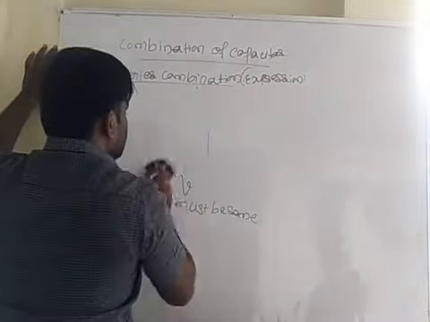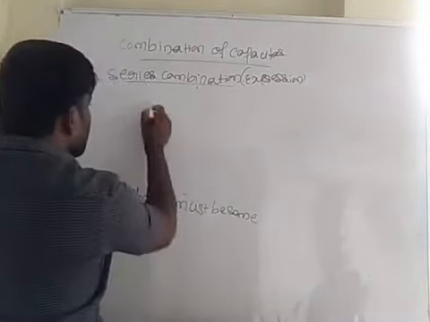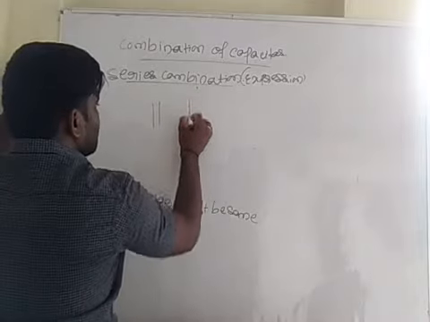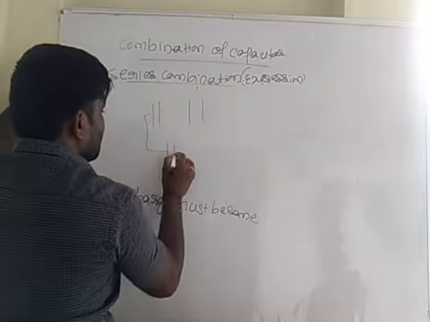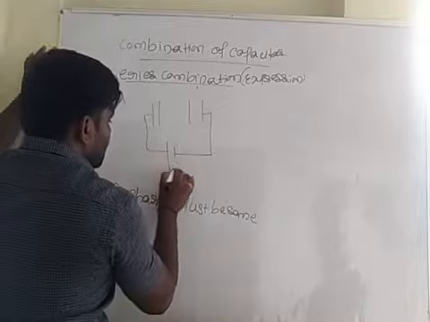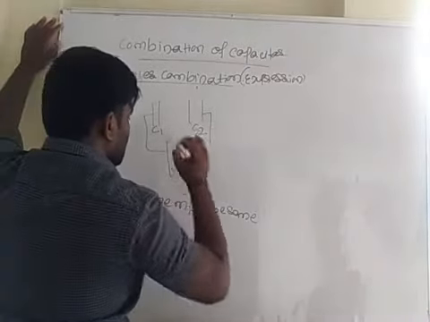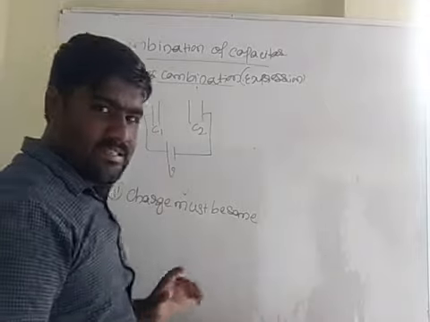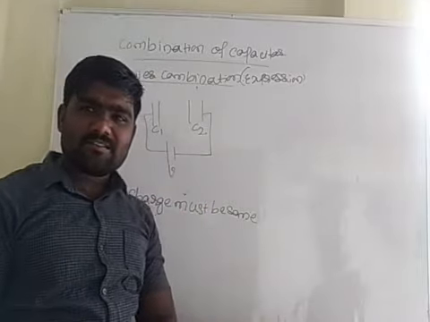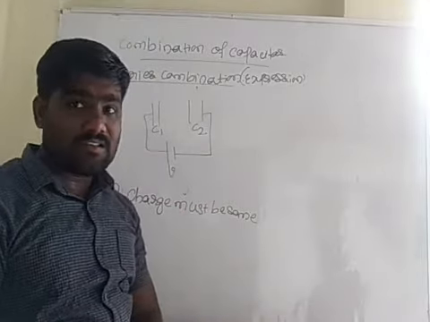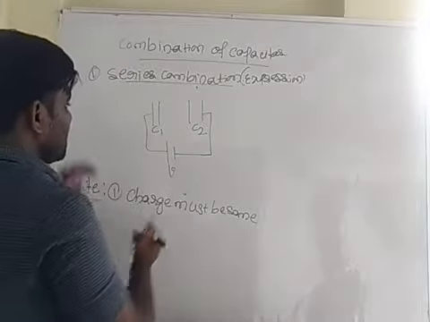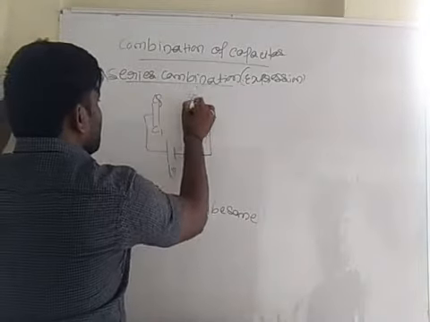Charge must be the same means, I am writing once again here: capacitors connected in series, V is the potential, capacitors C1 and C2. Will the potential be the same in series combination? No. Why? Because the charge is the same.